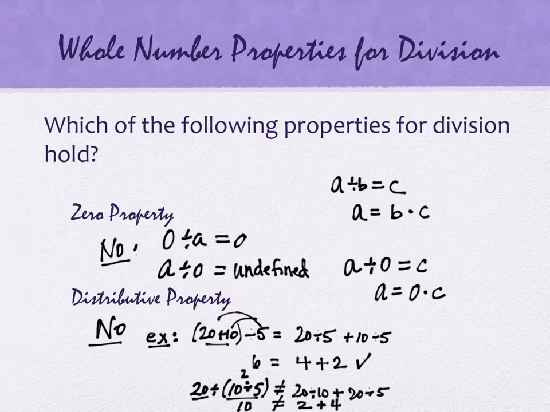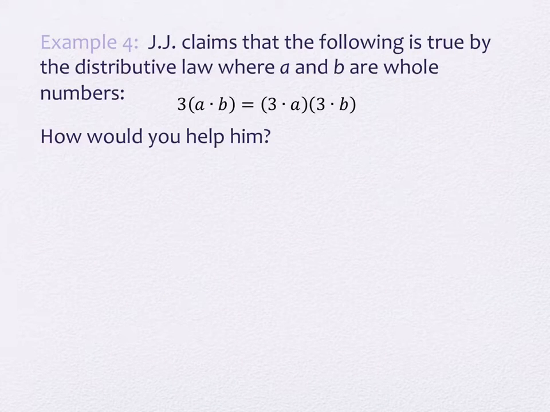Yeah, you're right. Okay, take a look at JJ. What is JJ misunderstanding? Yeah, sure. Just to add them together. Okay, so he is misunderstanding how distribution operates, right? Distribution is a property that involves multiplication and addition, or multiplication and subtraction.